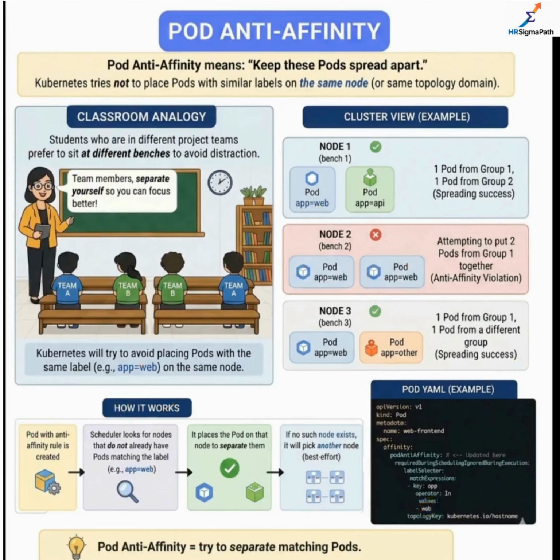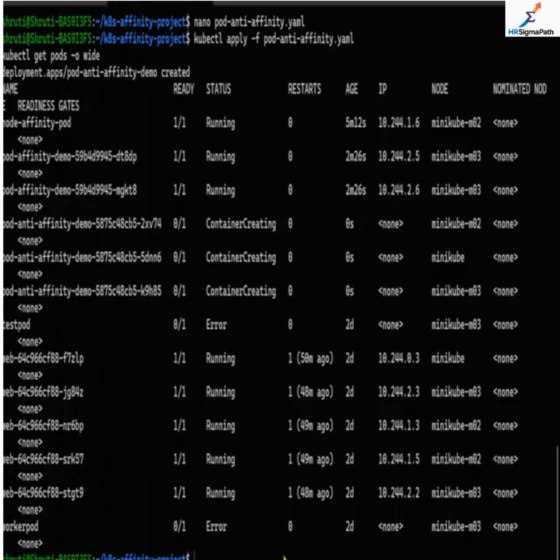In short, pod affinity brings pods together, and pod anti-affinity keeps them apart. Both work hand in hand to optimize scheduling.